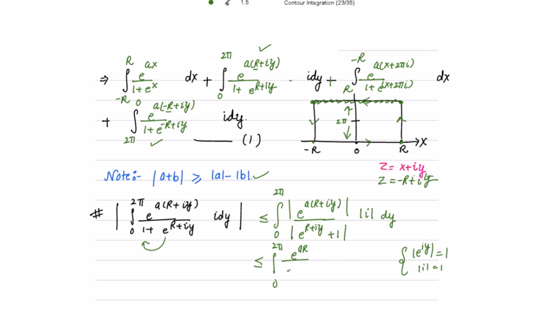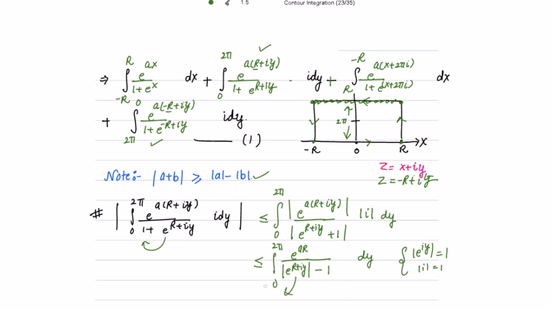Over, this is again e to the power r after taking the mod. This is mod of this. Okay, I write the step. Minus mod of 1. Is it okay? All right. So mod of 1 is 1.